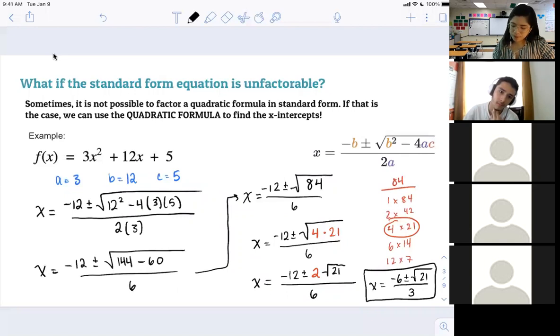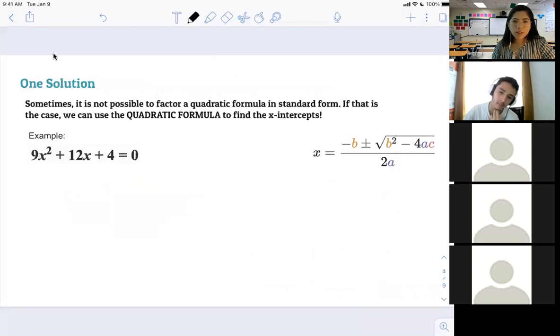All right, I want you guys to try this one. Start it on your own. Use the formula, plug everything in, see how far you can get, and then we'll check back in together in 4 minutes. 4 minutes, start now.